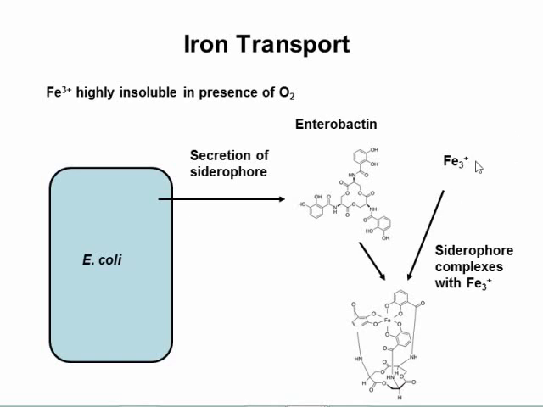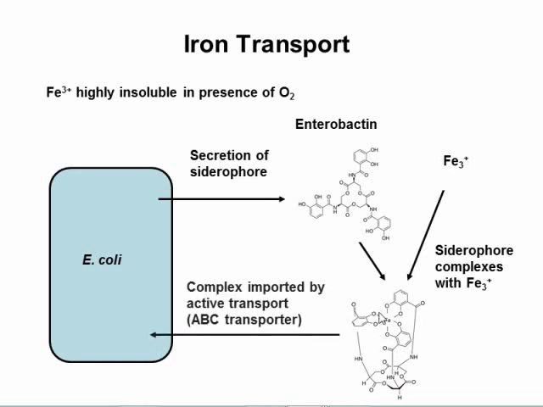So anyway, the siderophore has a very, very high affinity for iron 3 plus, so it's going to form this complex, and the whole thing is going to be transported back into the cytosol via an ABC transporter. So this is playing the role of the solute binding protein.